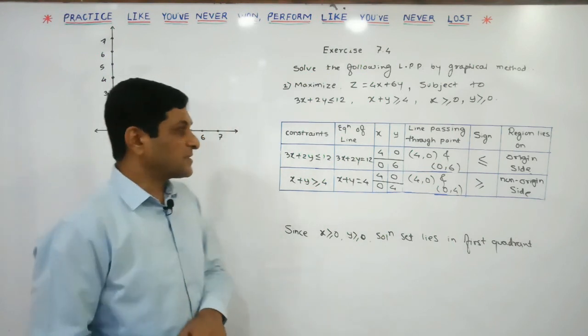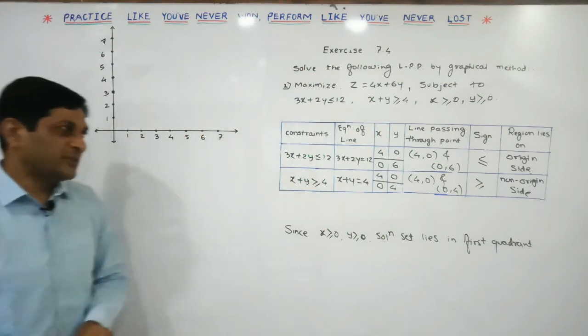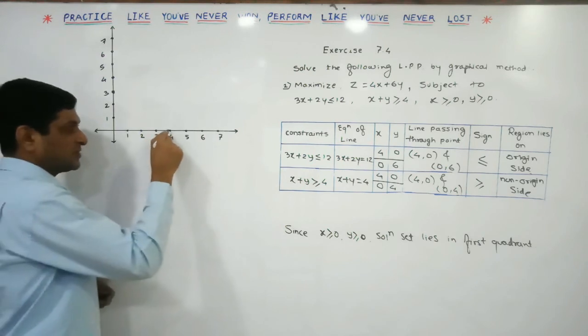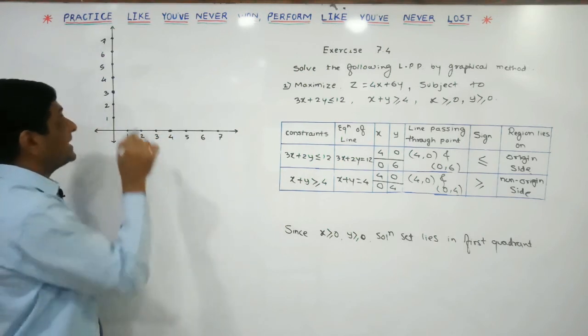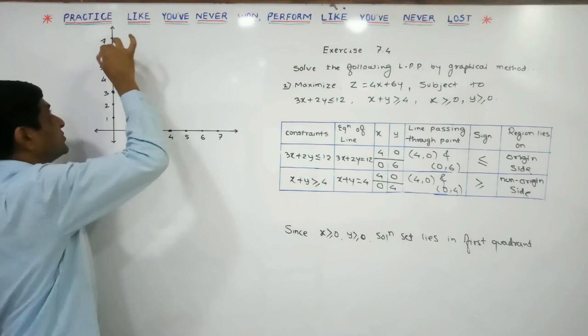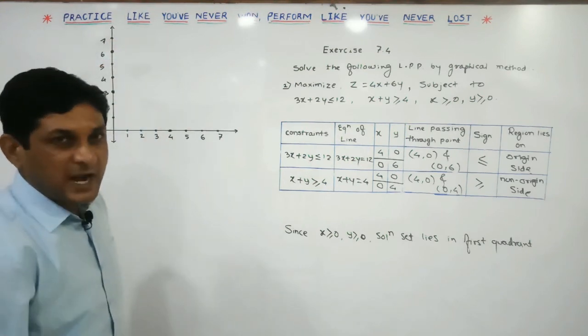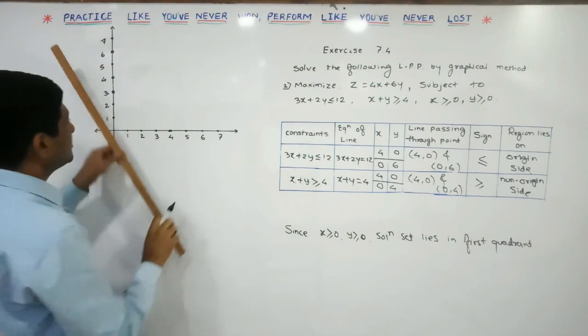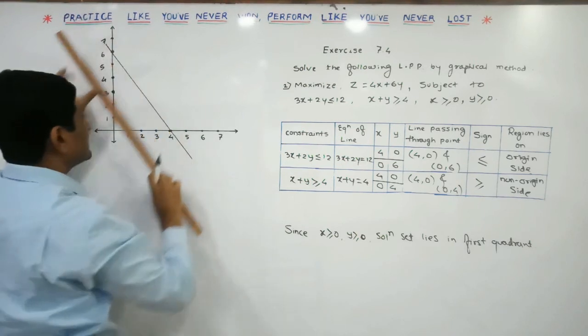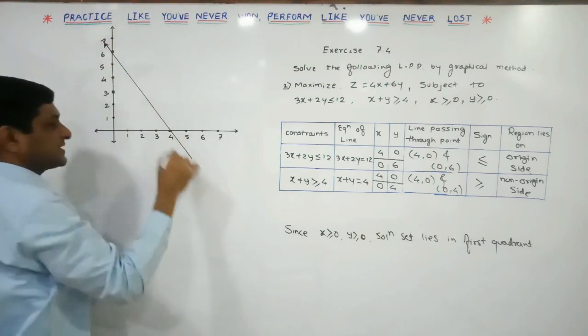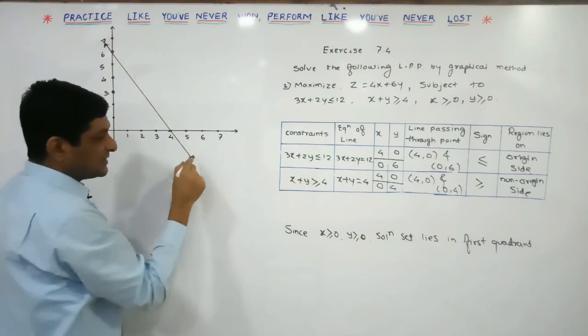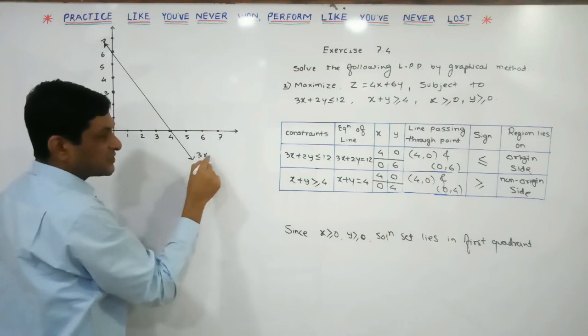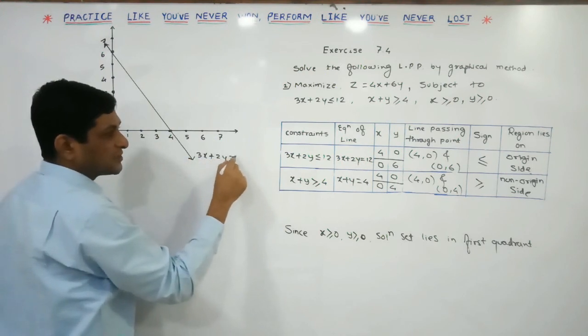Let us try to construct these lines. First line passes through the point (4, 0). This is the point (4, 0) and (0, 6) means this is the position of (0, 6). Now try to draw a line passing through these 2 points. Once the line is constructed, write down the equation of the line: 3x plus 2y is equal to 12.